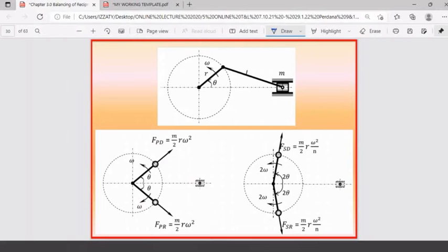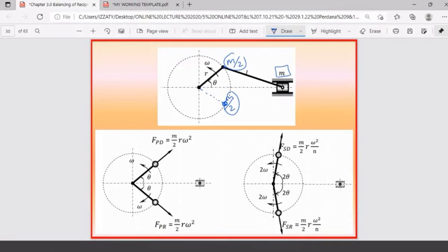Let's assume that you have this one m. But you have another one, so this one is no longer m, it becomes m divided by 2. As you put them all together, it is so logical.